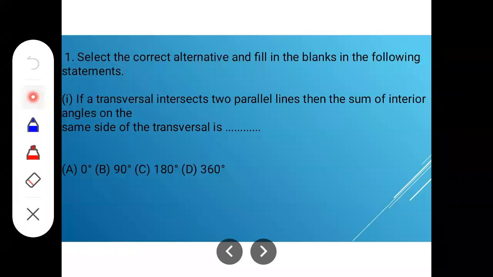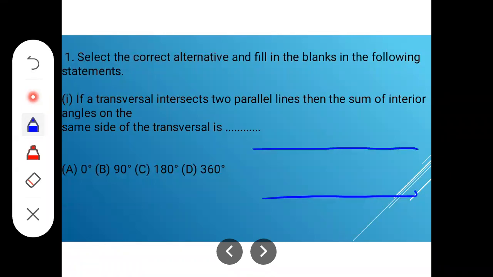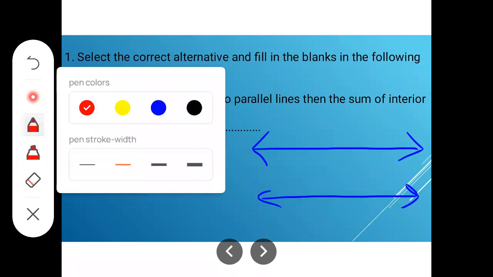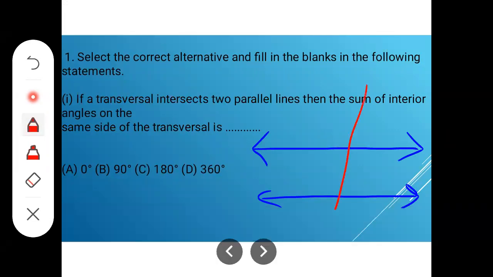Let me draw the diagram that will help to understand easily. Here two parallel lines are given and their transversal. Now what is given? The sum of interior angles. So which are the interior angles? Interior angles are those that lie within the two parallel lines.